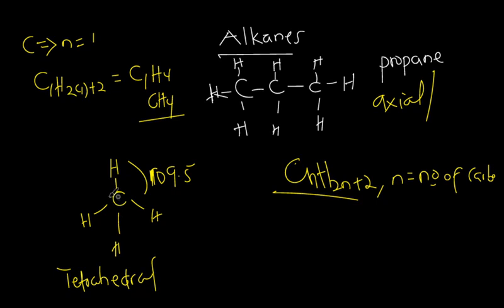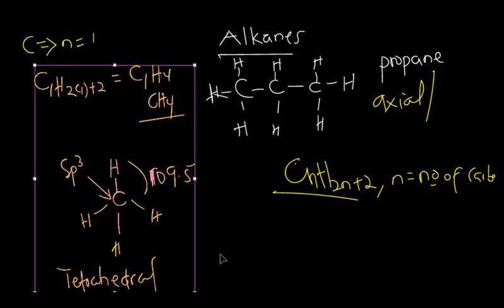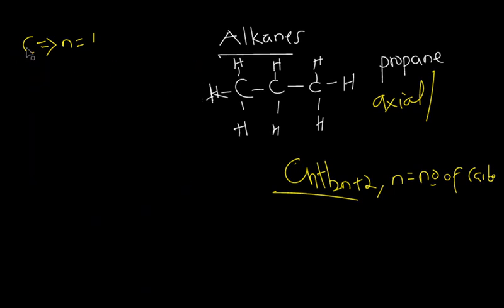It means the hybridization of the central atom over here is sp3 hybridized. So let's dive a little bit into what we mean by the sp3 hybridization of the carbon atom at the center.